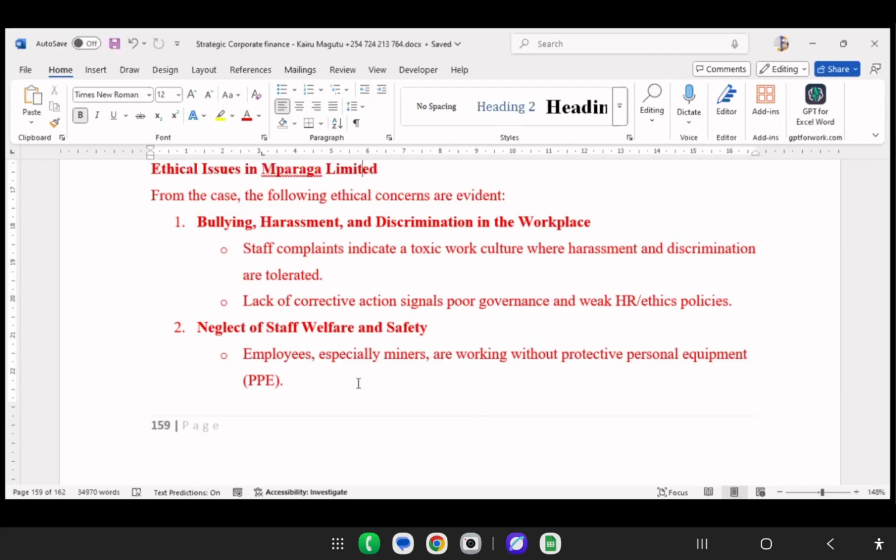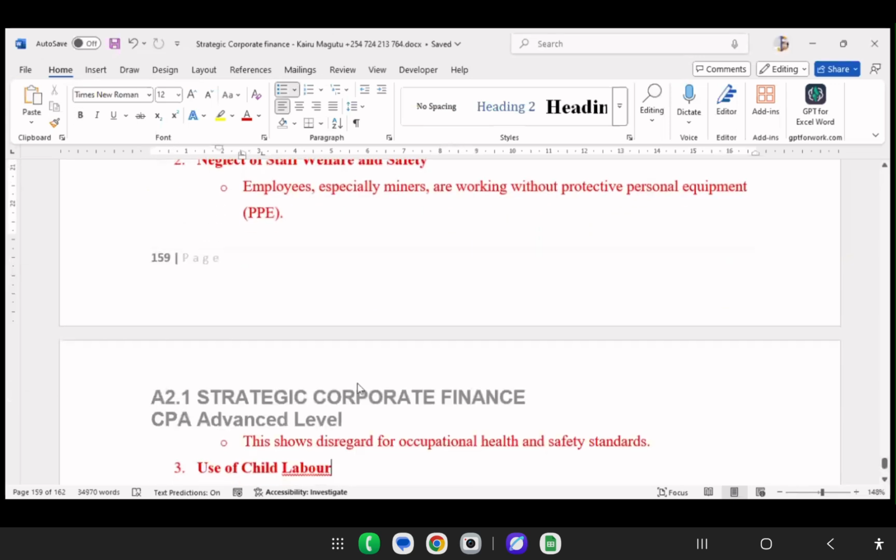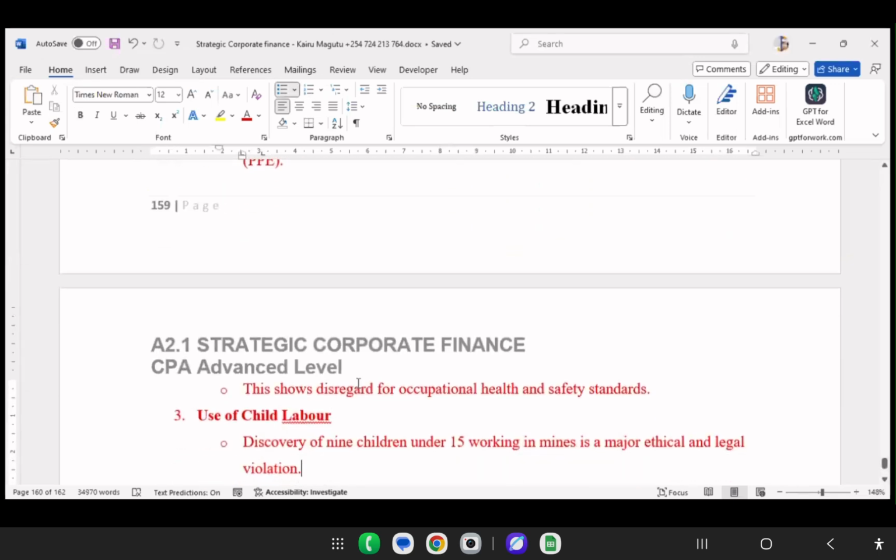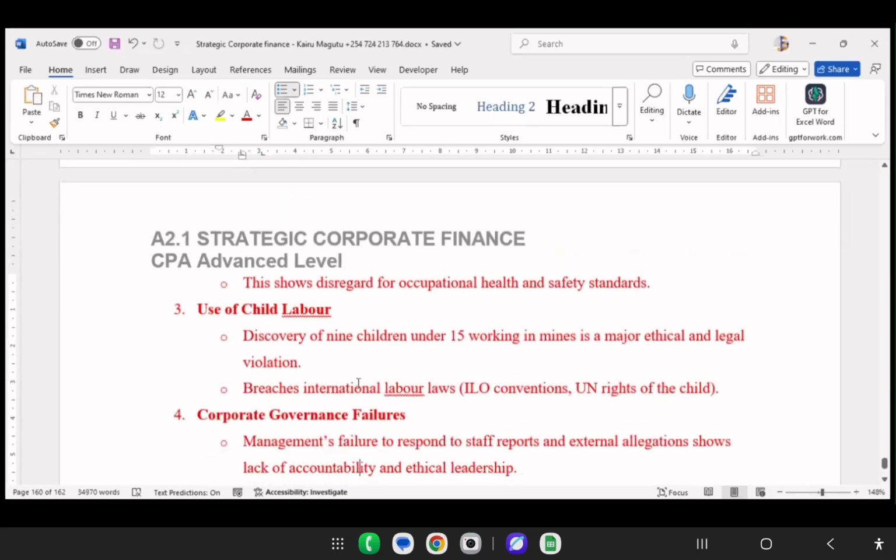Lack of corrective action signals poor governance and weak HR ethics policy. Number 2, neglect of staff welfare and safety. Employees, especially in mines, are working without protective personal equipment, that is protective gear. That again shows disregard for occupational health and safety standards.